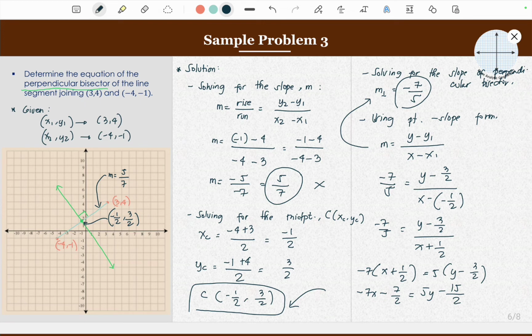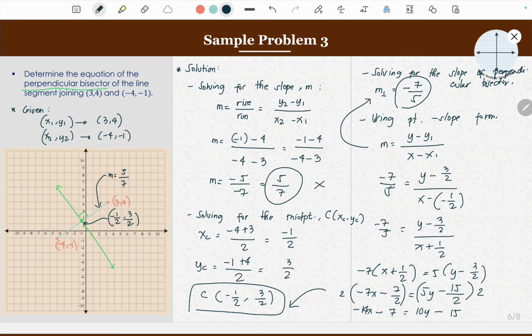So simplifying, let us multiply both sides of the equation by 2 in order to eliminate the denominator 2. So this is negative 14x minus 7 equal to 10y minus 15.